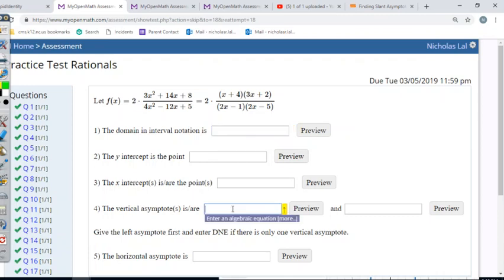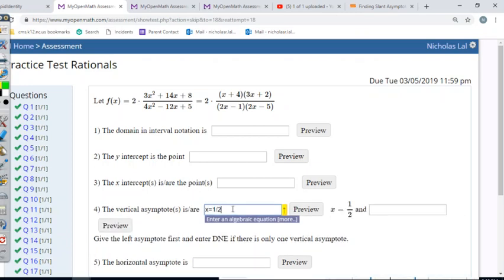Vertical asymptotes, we have 1/2 and 5/2.